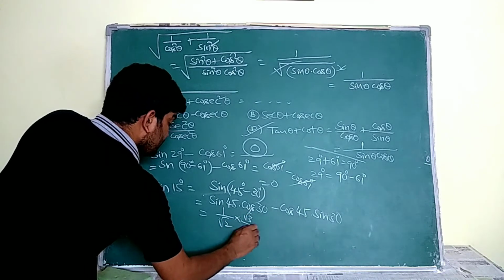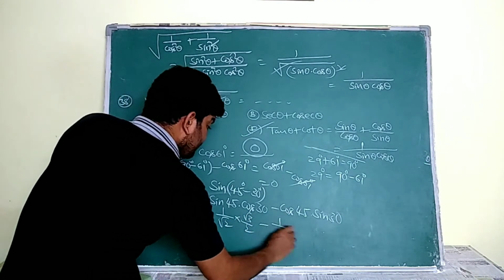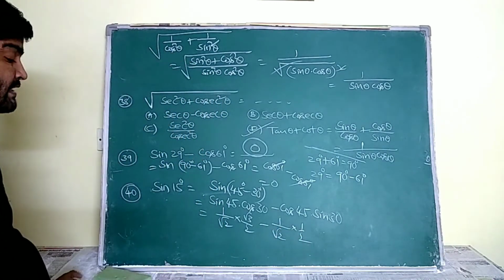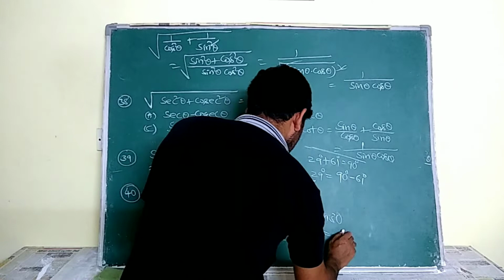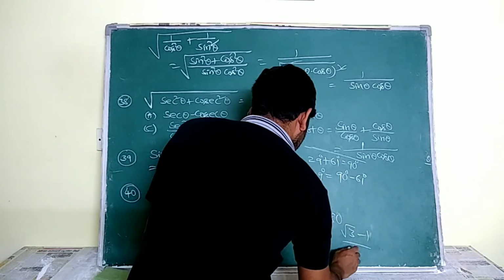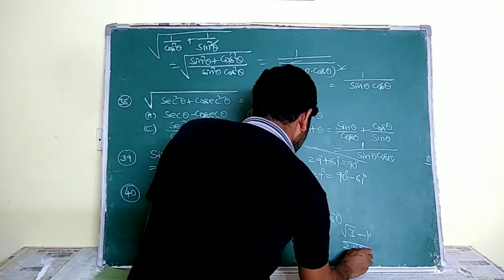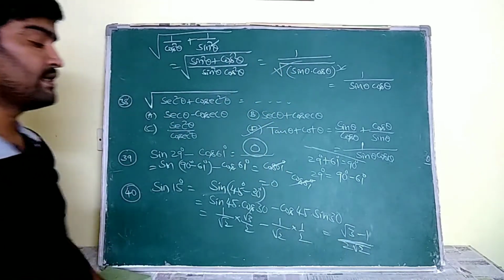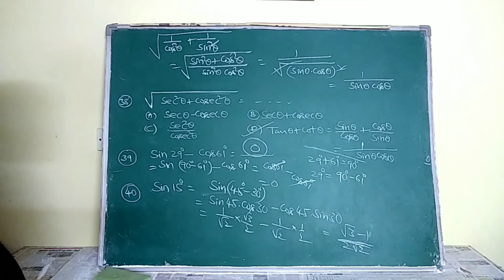Cos 30 means root 3 by 2. Cos 45 means 1 by root 2. Sin 30 means 1 by 2. Understand? By simplifying this, the numerator is root 3 minus 1 and the denominator is 2 root 2. Okay, that is your answer. Root 3 minus 1 by 2 root 2.